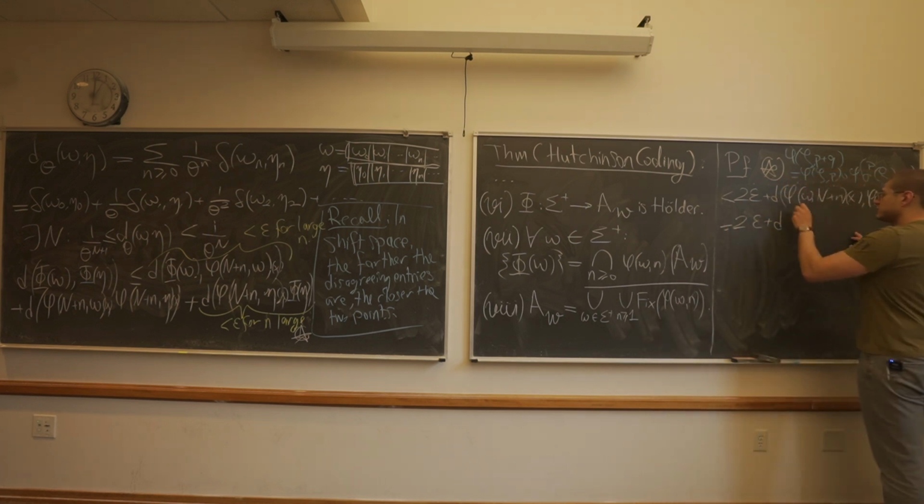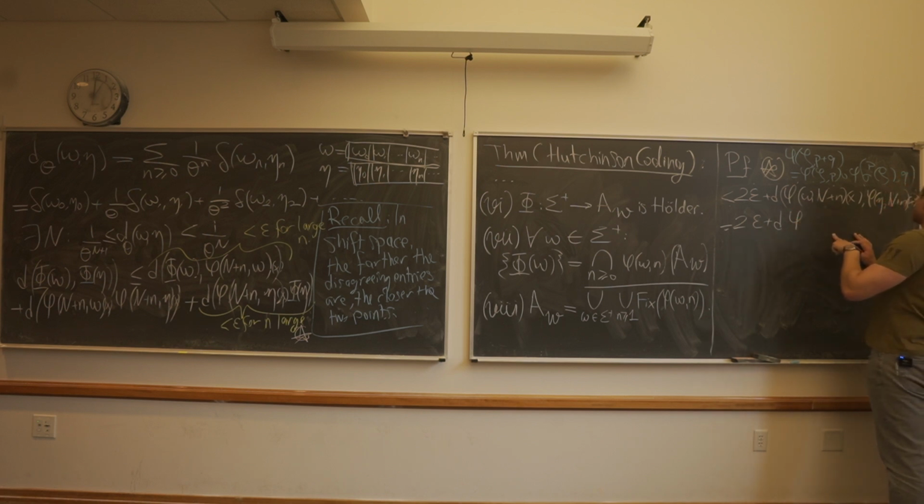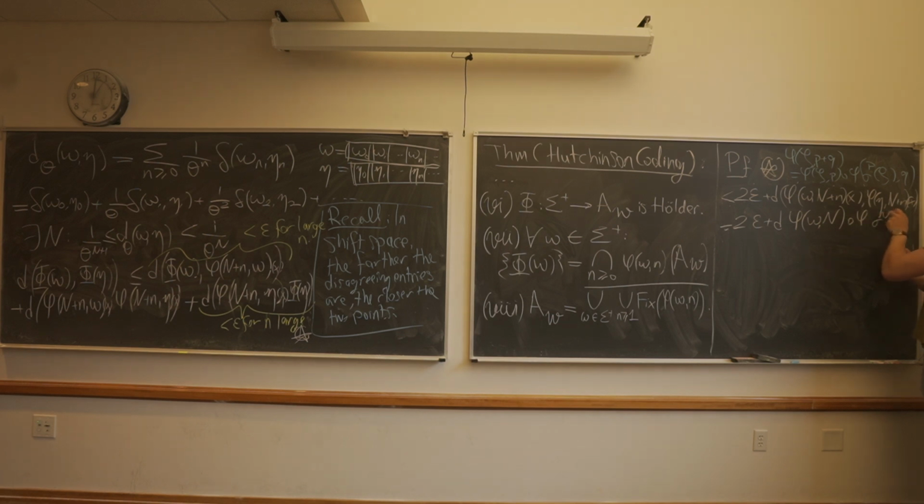D of phi of, hang on a minute. Oh, okay, that's fine. Good. Okay. Composed with phi sigma to the n omega comma lowercase n. Okay, this is a tricky proof.